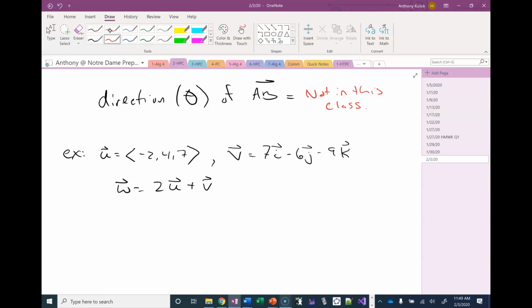We just multiply the scalar to each component of our vector, right? So 2u is just going to be -4, 8, 14. Right?